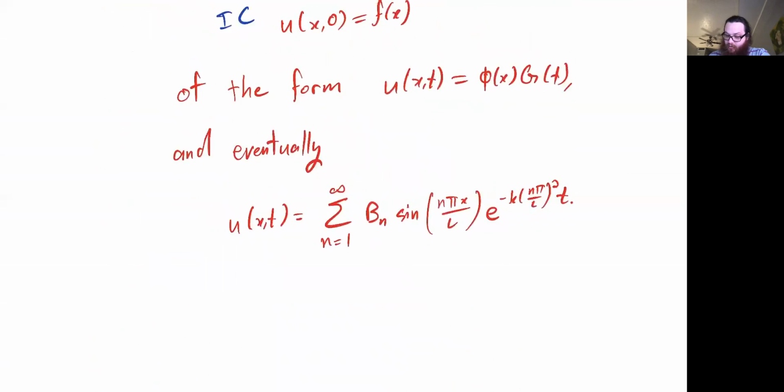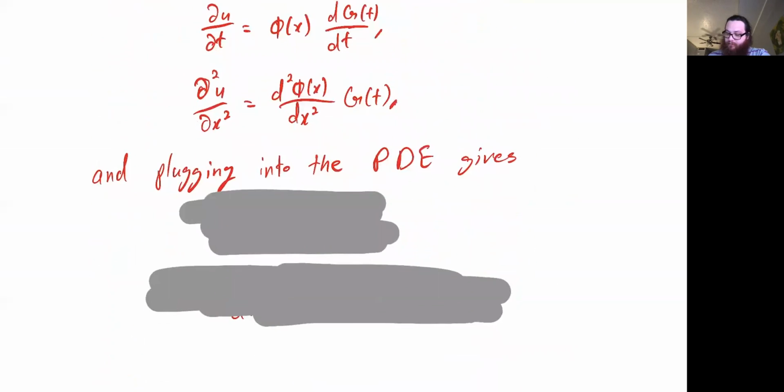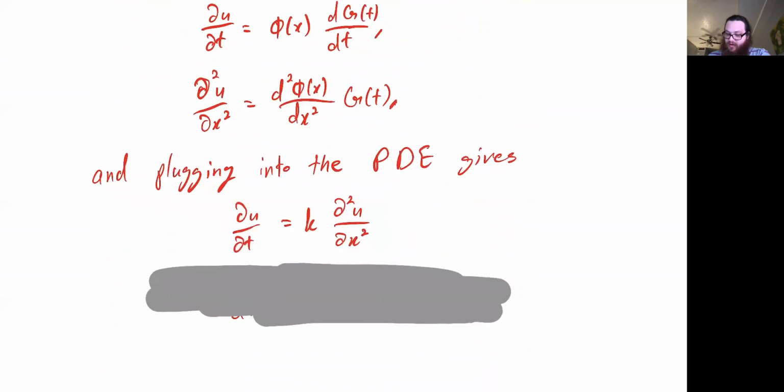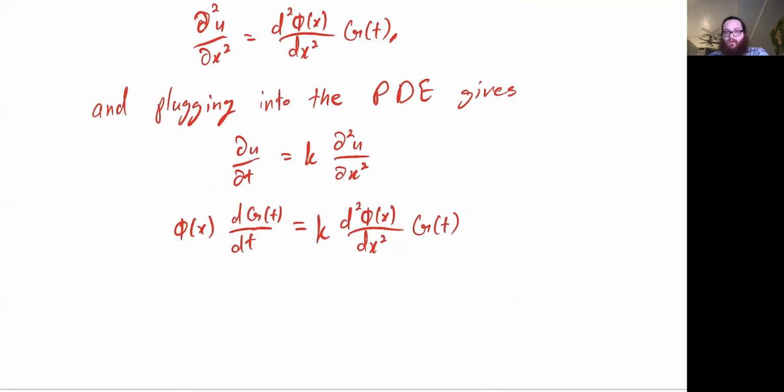But the PDE that we're looking at, this tells us how these derivatives relate. So if we plug all this into this PDE, then this is the expression that we get, okay?